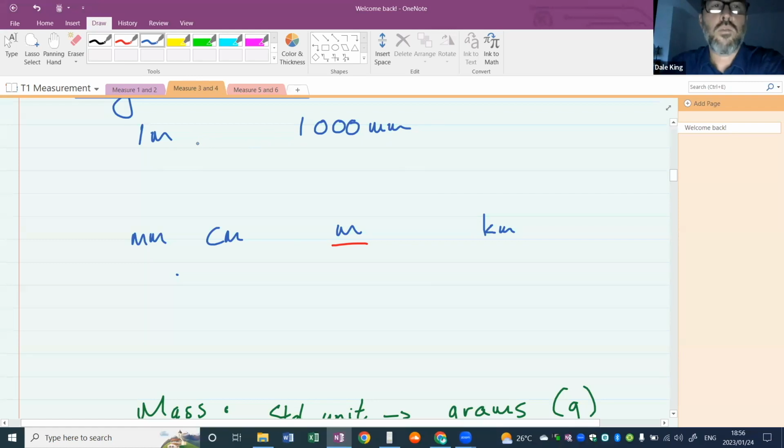I'm sure you will all agree with me: if I want to change 1 meter and express it as millimeters, I have to express it as 1,000. And how do I change 1 into 1,000? The calculation is times by 1,000. I'm sure you're all happy with that.